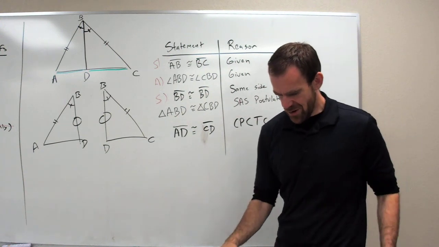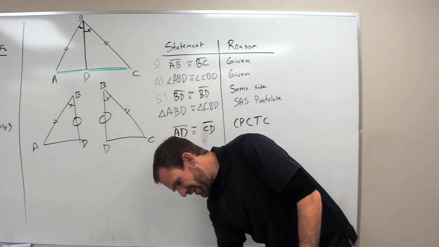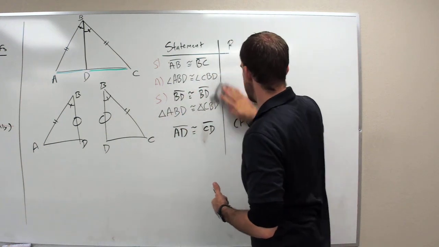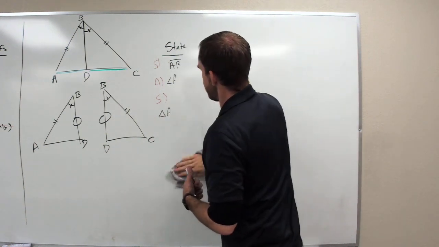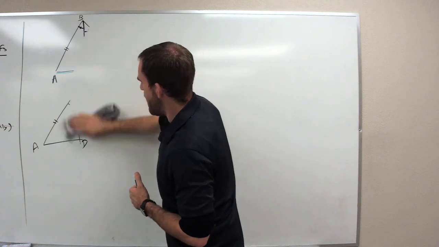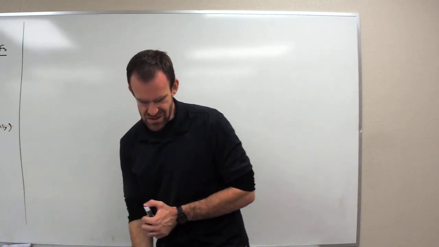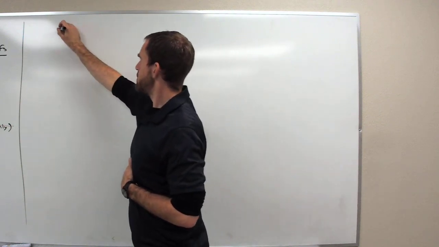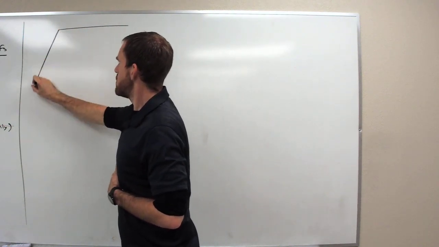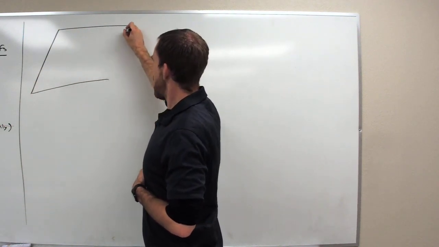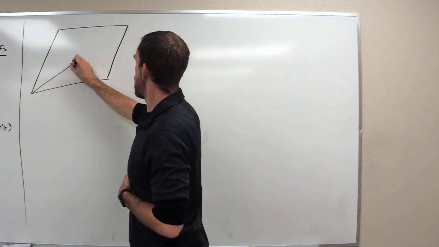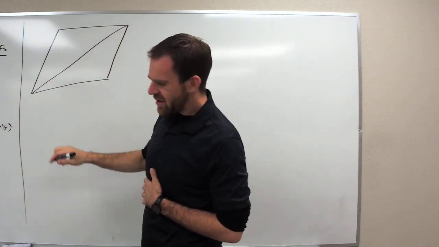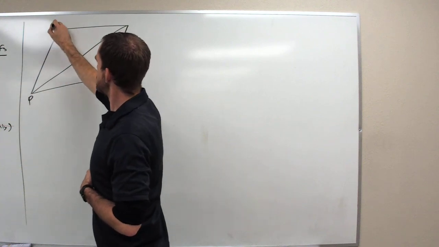Now let's try another one. I'm going to erase all this and we'll start from scratch. This time, it may not be the same congruency postulate. So we have this shape, and we have PQRS.